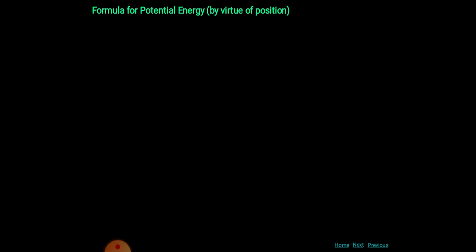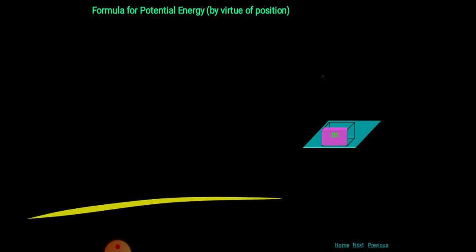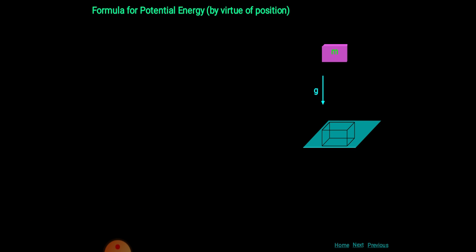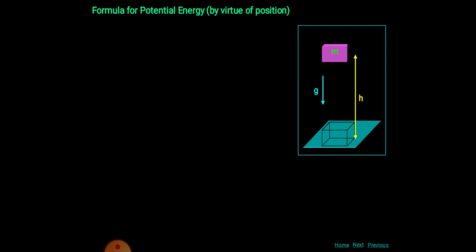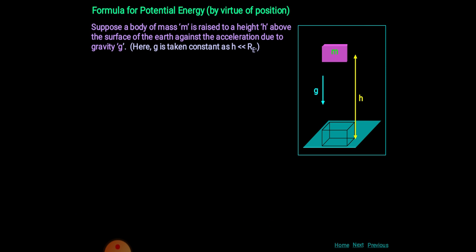Now let us try to understand the formula of potential energy. Here we have taken a block whose mass is m, and the acceleration due to gravity is g. The height we have considered is h. So we have taken a body of mass m raised to height h above the surface of the earth against the acceleration due to gravity, g. So the work done in lifting the body against the force of gravity is nothing but force into displacement.